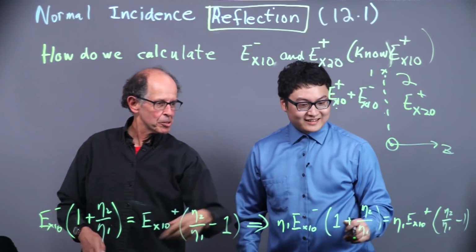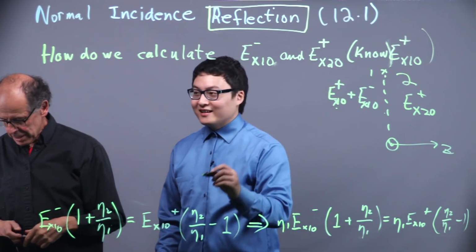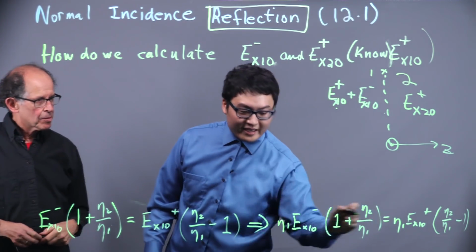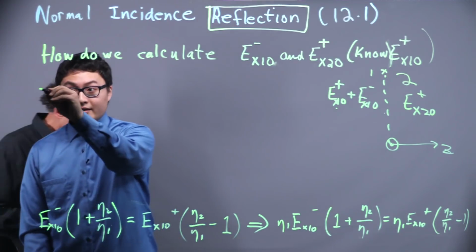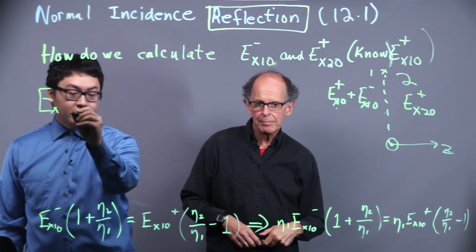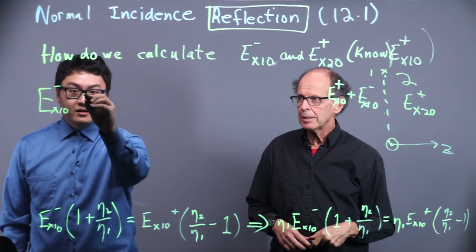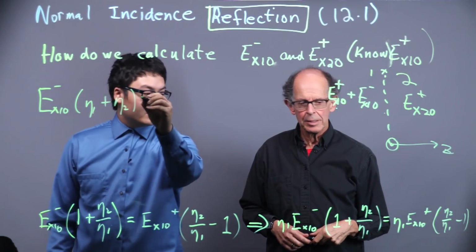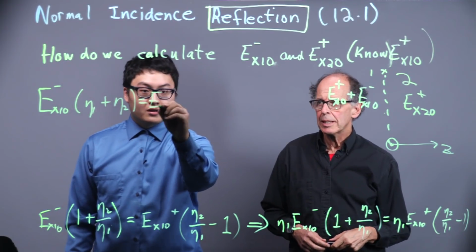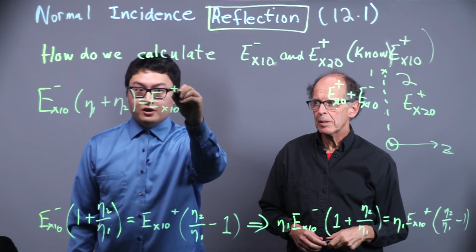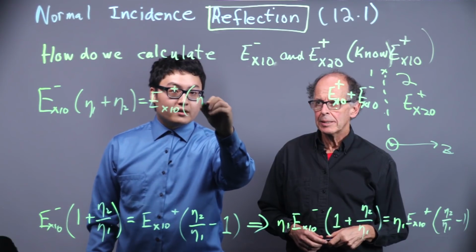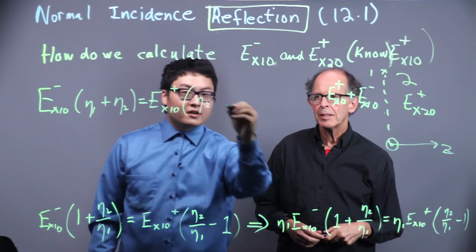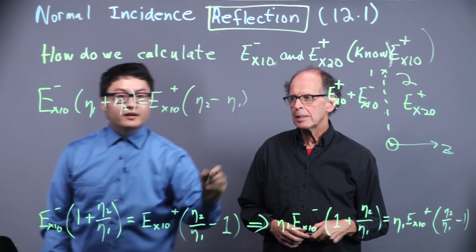No. Okay, so you want to solve for x1? So you put in the eta to get EX10 minus eta 1 plus eta 2 equals EX10 plus eta 2, because this cancels out, minus eta 1.